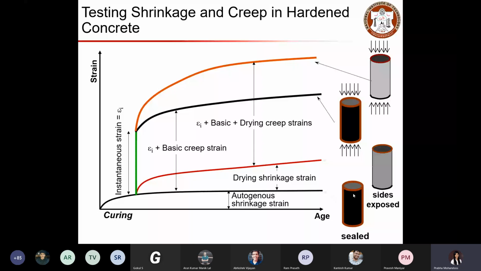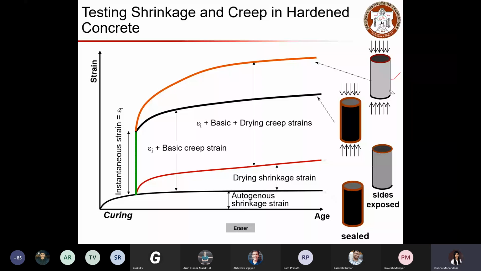And when you need to obtain the drying shrinkage, you have to keep all the sides exposed, and then measure the change in length to get the strain values. If you need to get the deformation due to both shrinkage and creep, all the sides are exposed, and your member is subjected to compressive loading here. So in this case, you can get the total deformation due to creep and shrinkage.